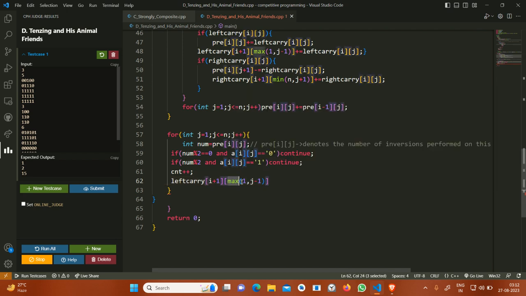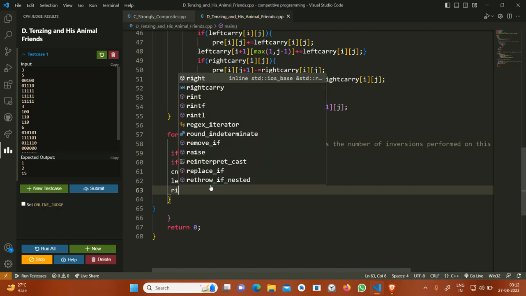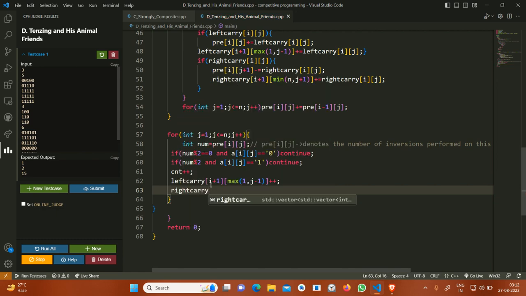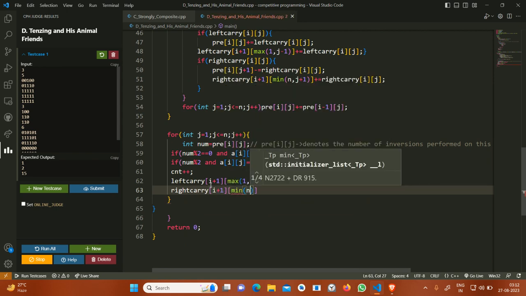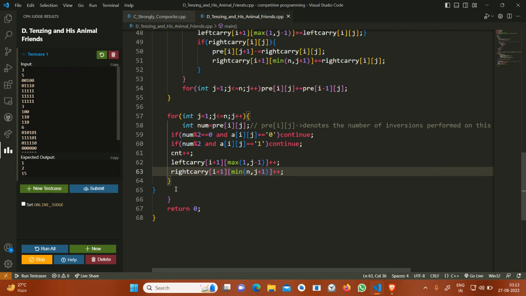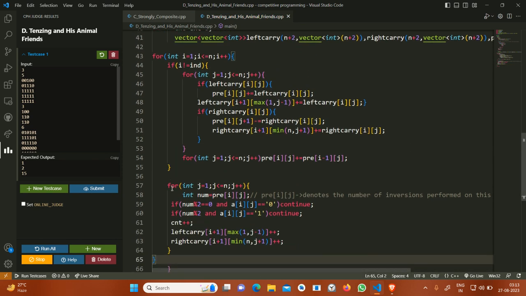I am using max of i comma j minus 1 just for out of bound conditions. So left carry would increase by 1, and also the right carry for the next row, i plus 1 comma minimum of n comma j plus 1, would also increase. So that's all about the code part.